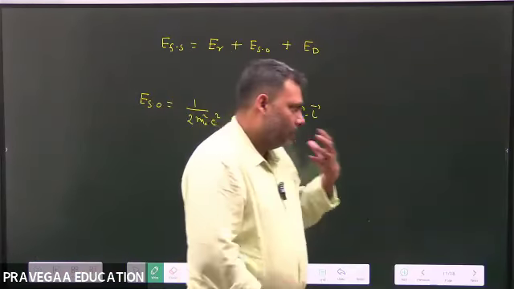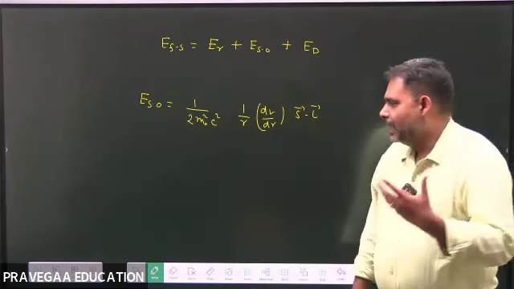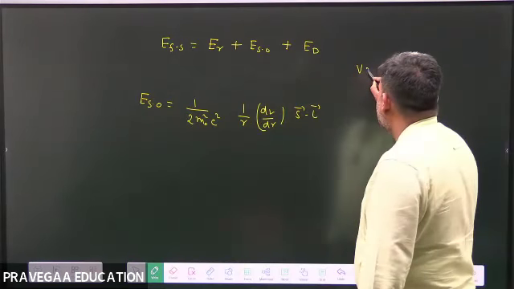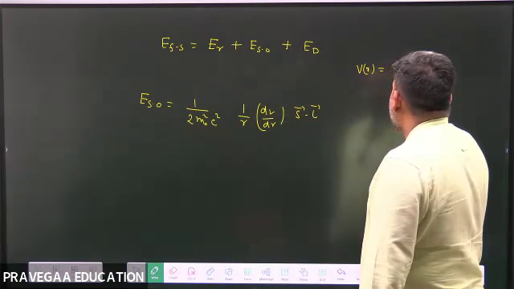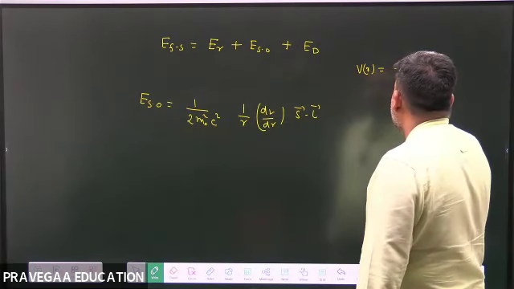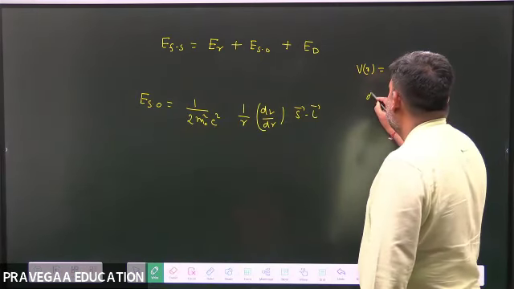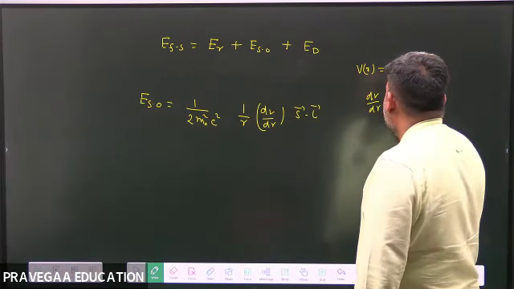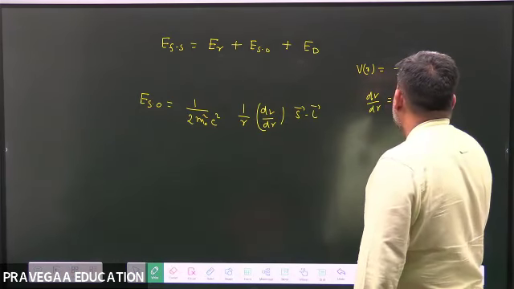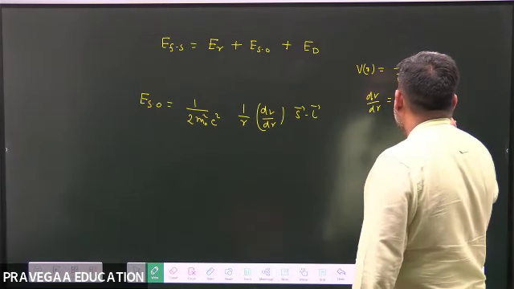But here, in general, for the hydrogen atom, the potential is minus e square upon 4 pi epsilon naught r. Then dV upon dr is equal to e square upon 4 pi epsilon naught r square.